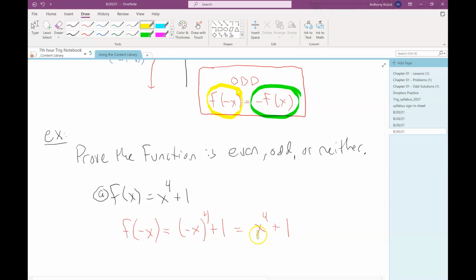Now let's compare this to the original. They're identical. Everybody agree? So I know that this is just f of x. And what does that tell me? Good, that this was an even function.